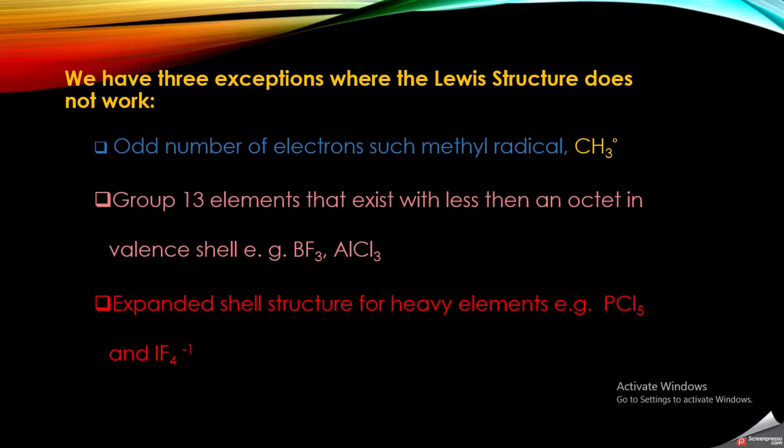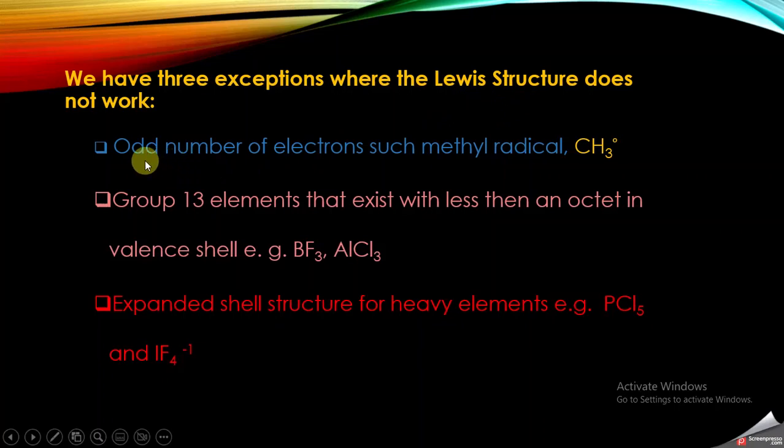So whenever we have the breakdown of the octet rule, we cannot apply the Lewis diagrams or Lewis structures or Lewis rules. There are three exceptions mainly where we cannot apply the Lewis rules to form a Lewis structure, and we cannot explain the bonding by using the Lewis diagrams.